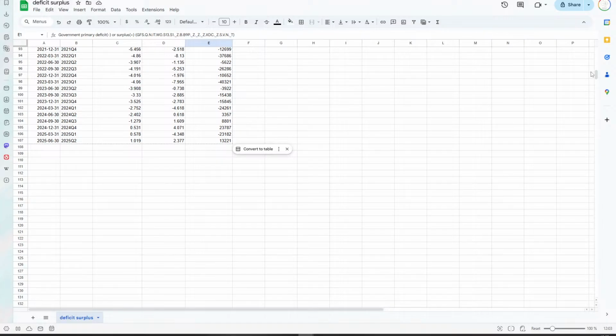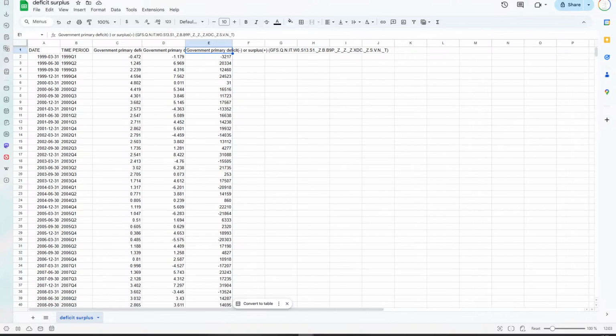So where is it? Deficit, surplus. Holy crap! So first of all, we'll have to decide. Do we want date? Do you want a date, Mike, or a time period? I would call it date and use the time period format.